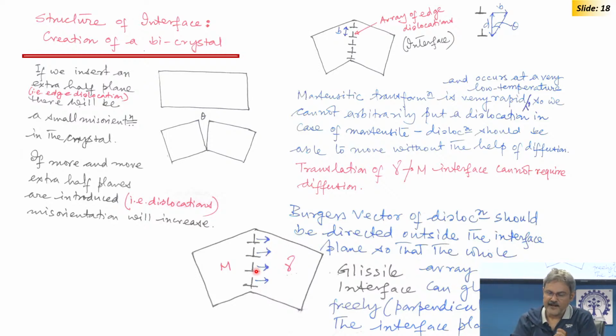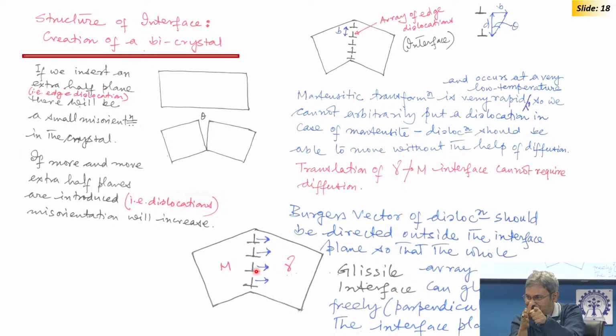Now, to have the interface glissile, from whatever lectures and books I have read of Bhadeshia's theory, which he followed from previous work, the theory says that the interfacial dislocations have to be a single array of dislocations. If it is a single tilt, you can only have a single array of edge dislocations with Burgers vector out of the interface plane, because this interface has to move, right.